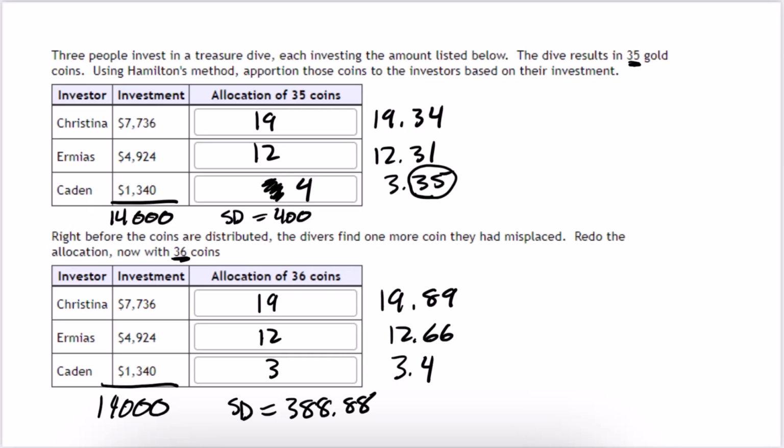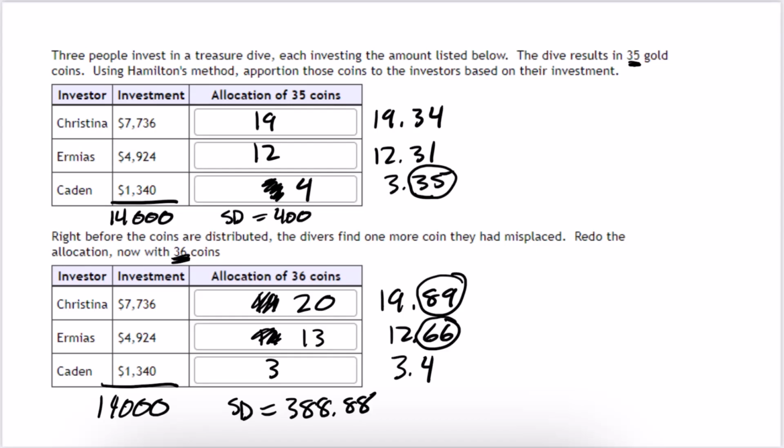Because I have 36 coins to distribute, I need to give the 2 extra coins to the people based on their decimal numbers. This is the largest decimal, so I'll give Christina 20 coins. And this is the next largest decimal, so I'll give Ermias 13 coins.